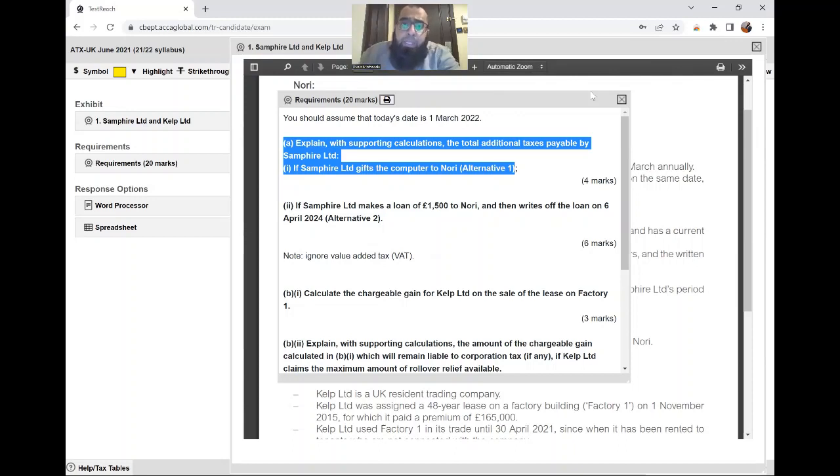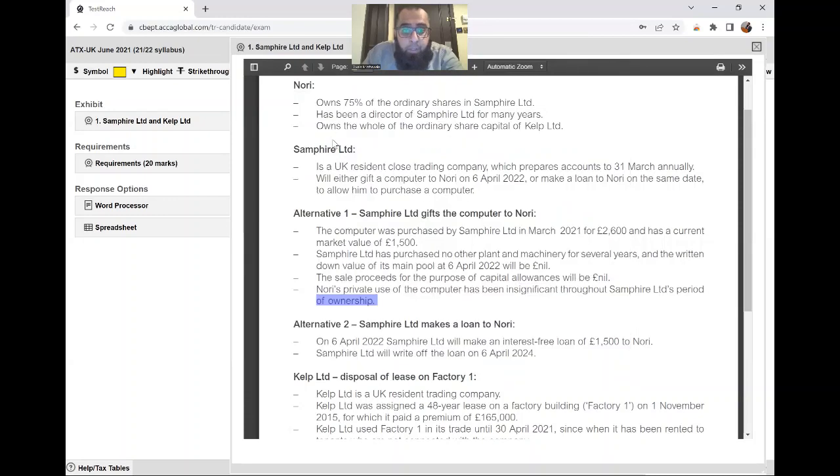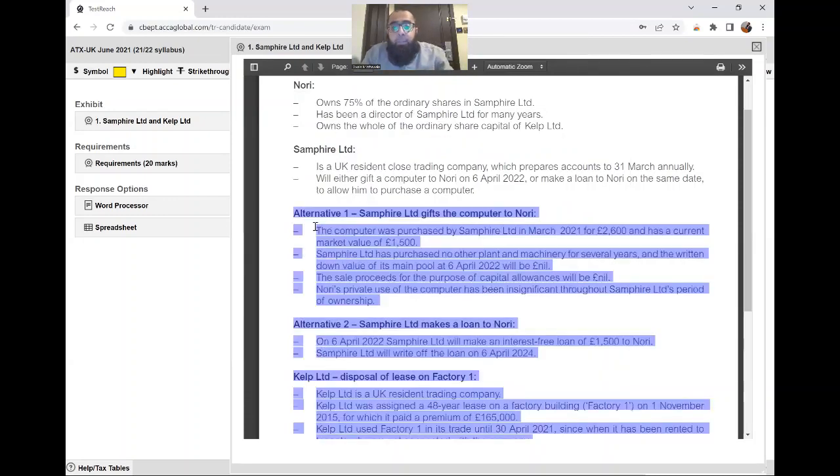So let's focus and think about this gift of computer, because this is an isolated requirement. It has nothing to do with the other parts. Because if you look at alternative one, it's an isolated requirement.